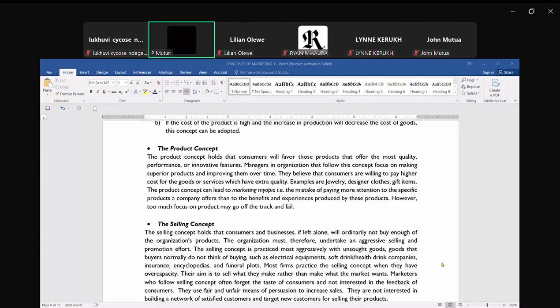You can look at other examples, the high-range cars, all those high-end kinds of products. You'll always find there's the quality. If you compare a Mercedes-Benz and a Toyota, or even a Volvo, maybe the kind of material used is not the mabati that is used on the ordinary Toyota and the other low end.